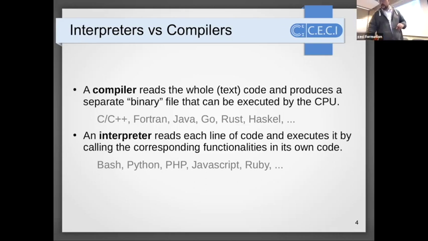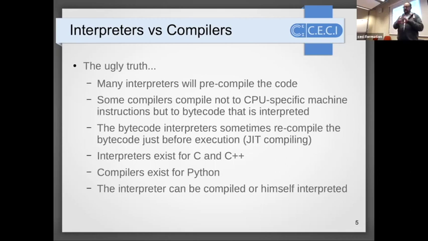But of course, in reality, the difference is not as clear because there are interpreters that will pre-compile the code. Some compilers compile not to CPU code, but to an intermediate language, which is then interpreted. And there are interpreters for C and C++, which are normally compiled languages, and compilers exist for Python, for instance, which is normally an interpreted language.